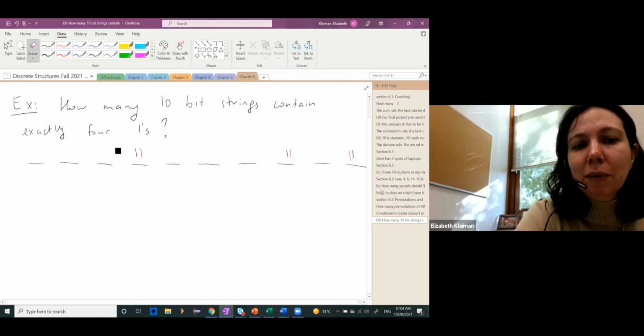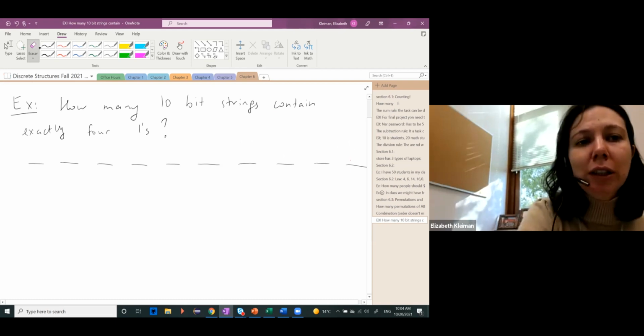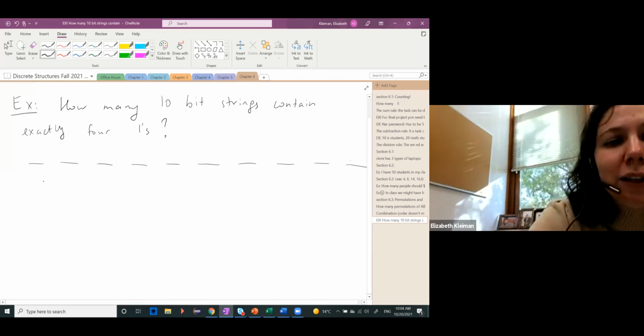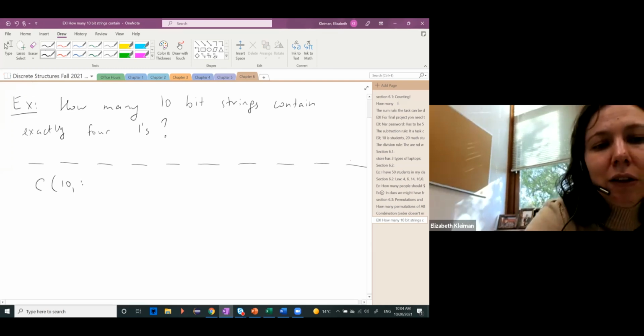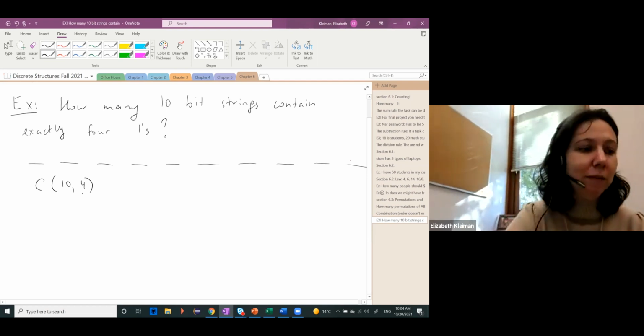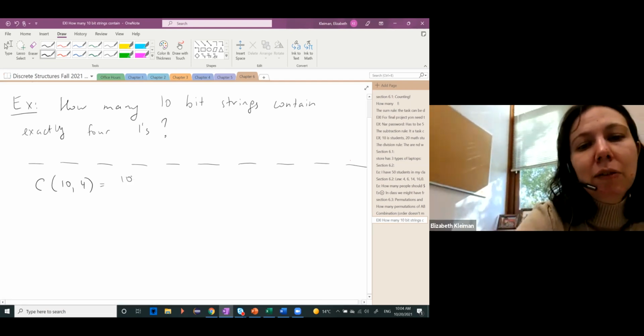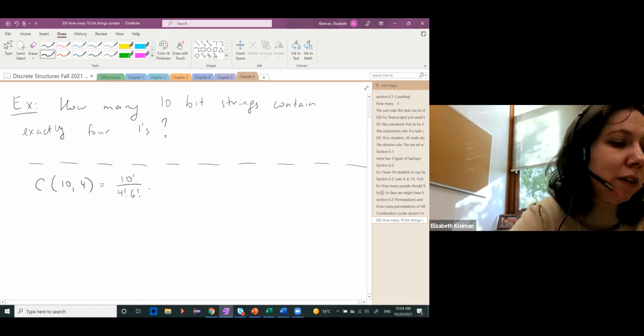So what does it mean? Well, it means I'm choosing places, correct? So I need to choose places for my 4 ones out of 10. So this is going to be my answer, which is 10 factorial over 4 factorial times 6 factorial.